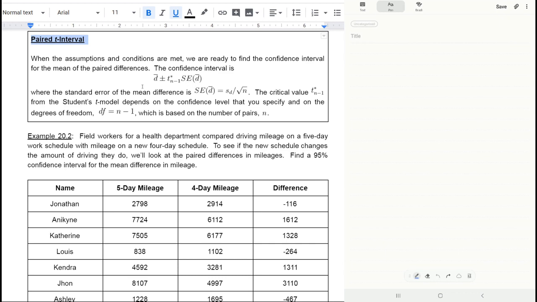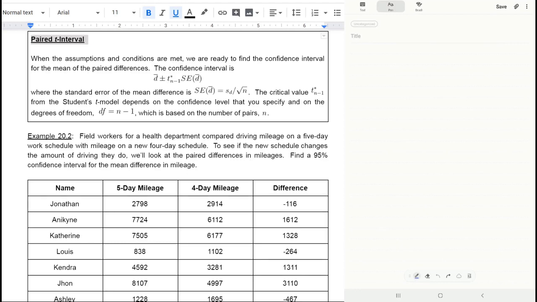The standard error of d bar is given by the standard deviation of the differences divided by the square root of n, and the critical value will depend on the level of confidence as well as the degrees of freedom. The degrees of freedom is n minus 1, where n is the number of pairs.